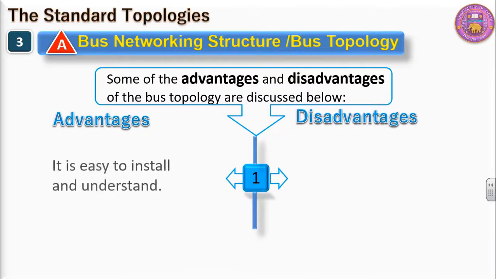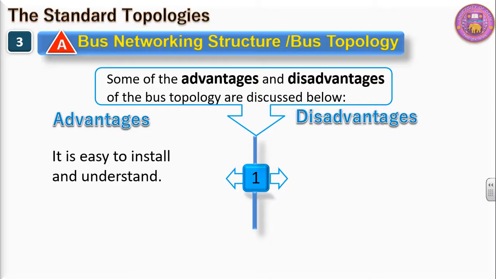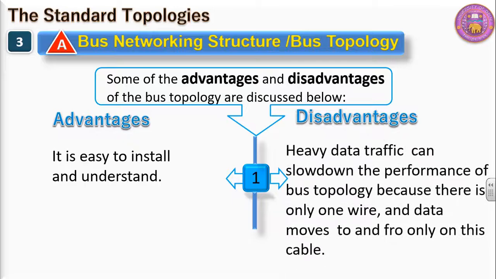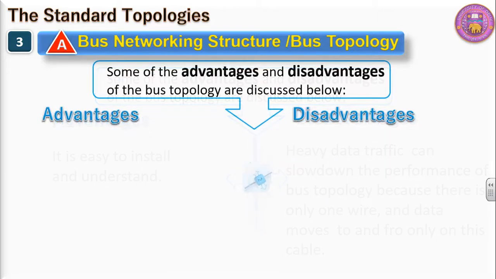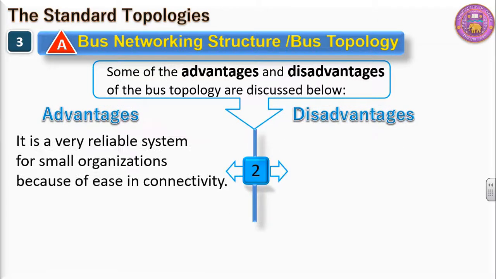The first one is bus topology is very easy to install and understand. At the same time, the disadvantage is heavy data traffic can slow down the performance of bus topology because there is only one wire and the data moves to and fro only on this cable. Second advantage is that it is a very reliable system for small organization because of ease in connectivity.